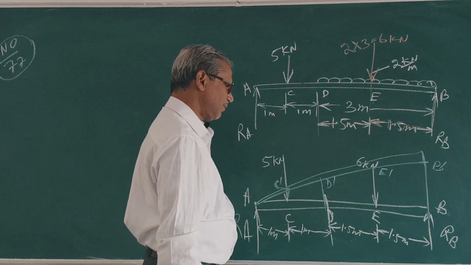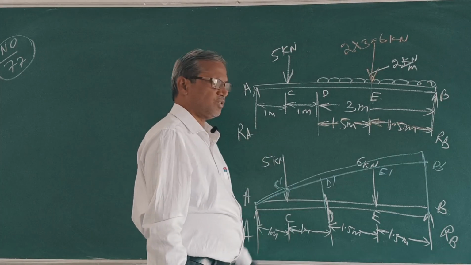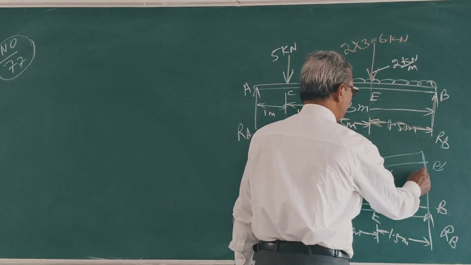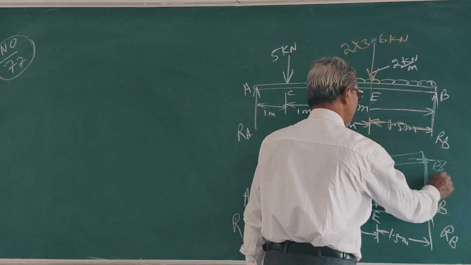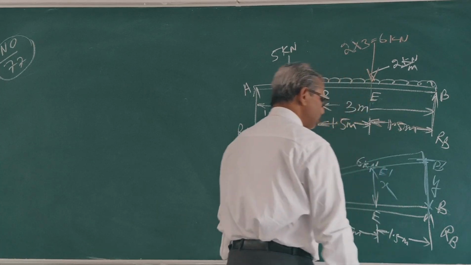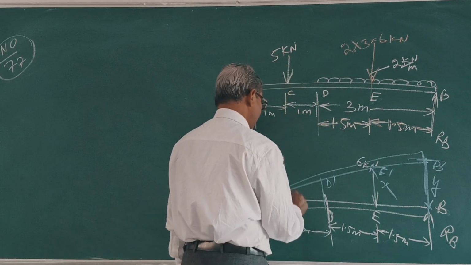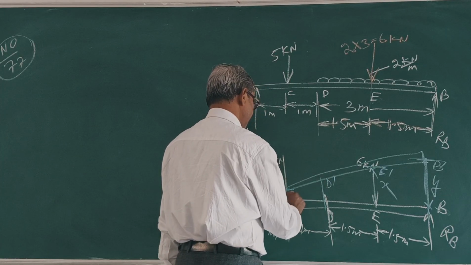Clear? At A, the distance is 0. Suppose this is y, this is x, and this is z. Clear?